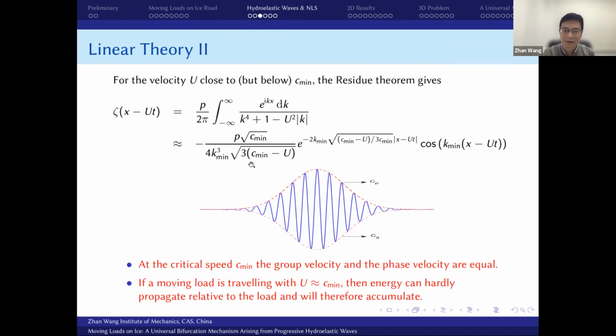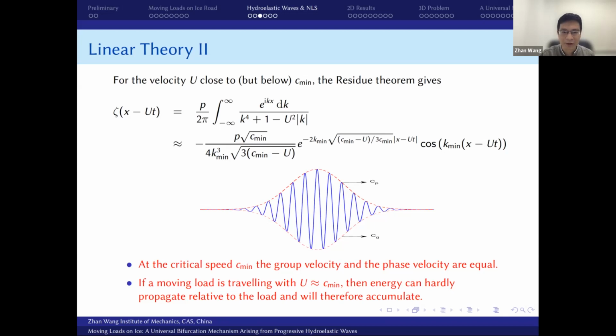Okay, so what does that mean? That means, because at this particular point, c min, the group velocity, which is the propagating velocity of the envelope, and the phase velocity, the propagating speed of the carrier wave, are the same, and they also equal the speed of the load. So the energy cannot propagate relative to the load, because the group velocity is the propagating speed of the energy.